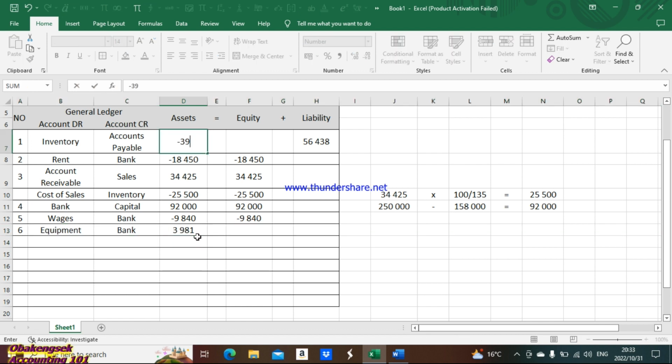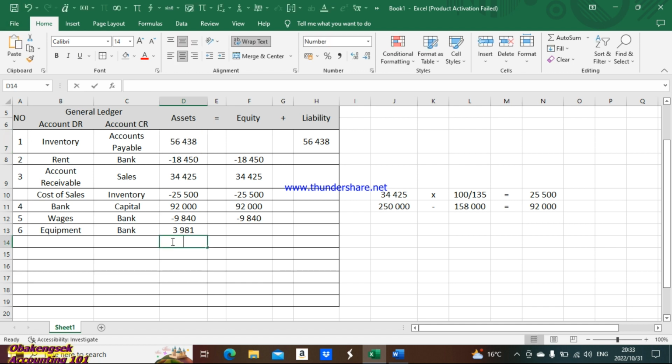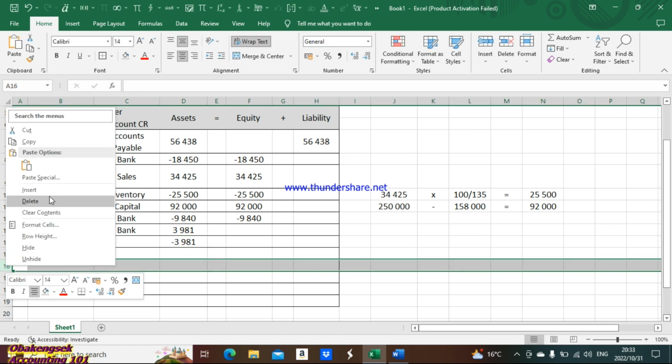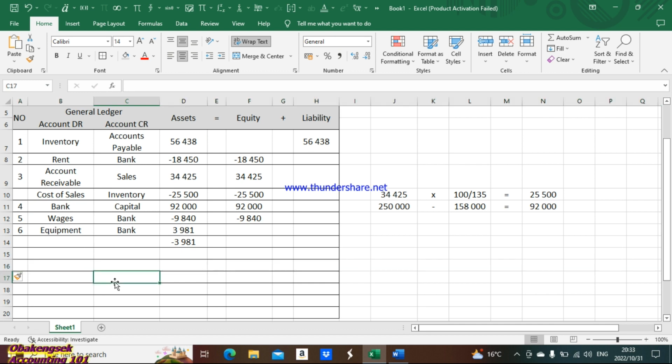Let me see, it's going to be negative 3,981. I'll just add another row here.